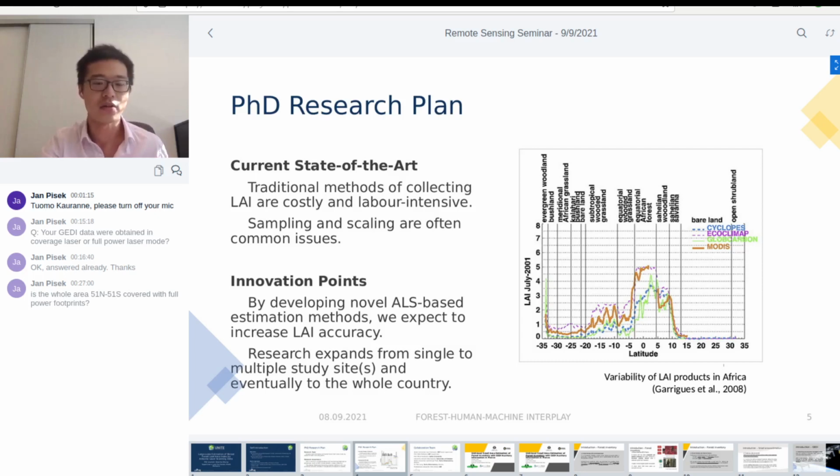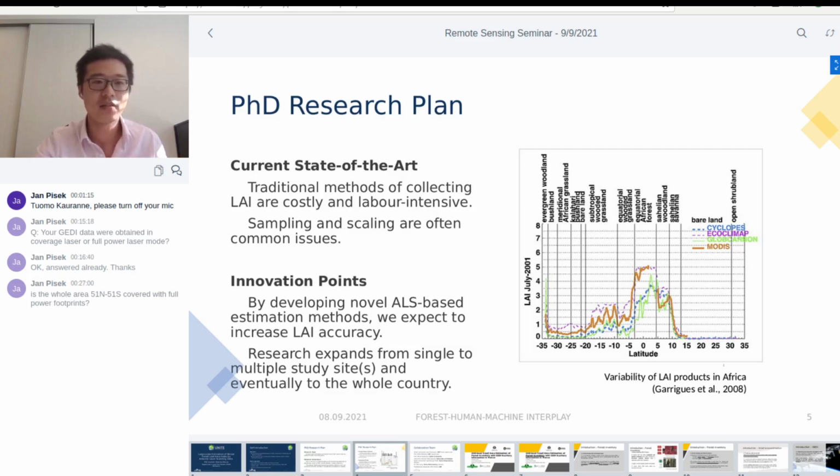And then the research is going to expand from one study area in Finland, and then we're going to move on to multiple study sites, and eventually, hopefully, we can cover the whole country level.